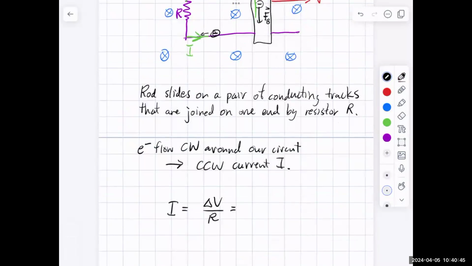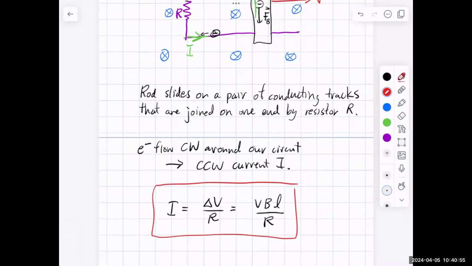And so this is VBL over R. And so this is our induced current due to the motion of the rod through our magnetic field B.